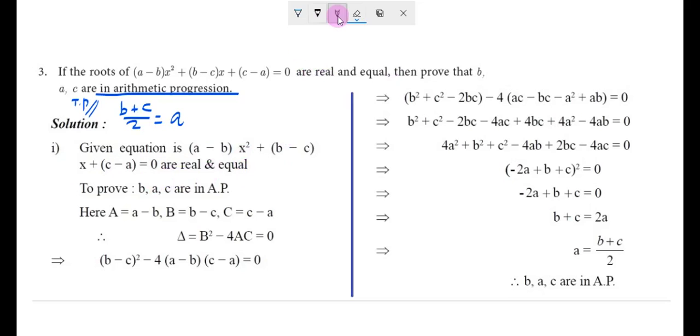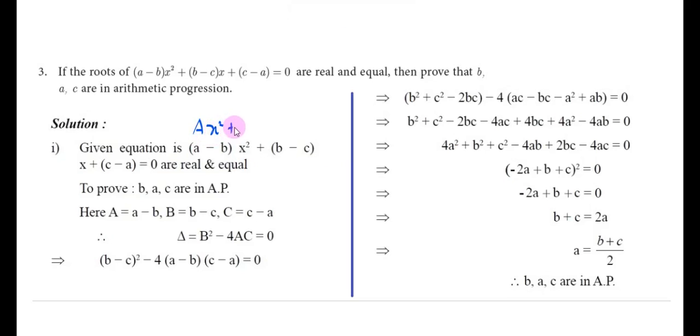Just compare the given equation with the general form. Since we already use small a, small b, small c, take the general form as capital A x square plus capital B x plus capital C equal to 0. So capital A equal to a minus b, capital B equal to b minus c, and capital C equal to c minus a. Understood?